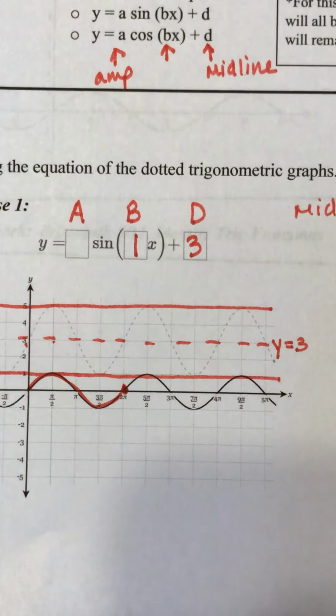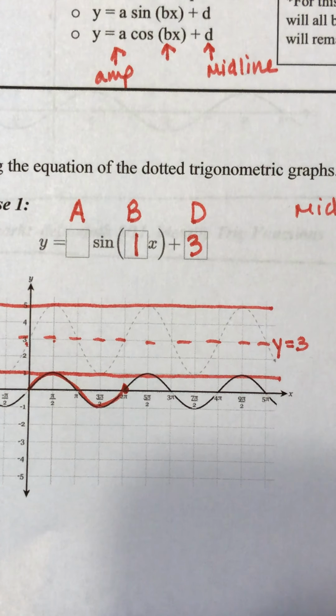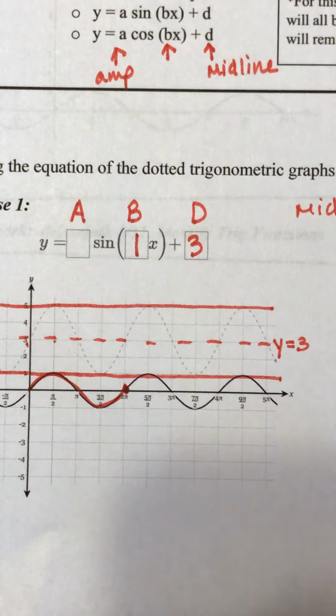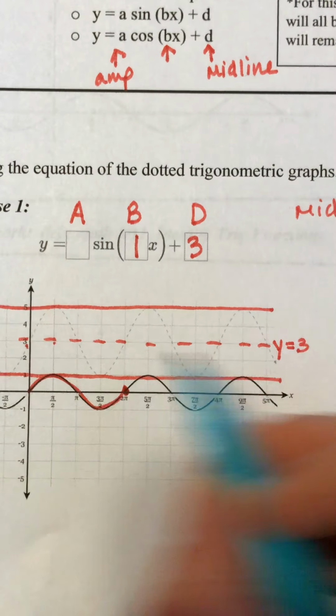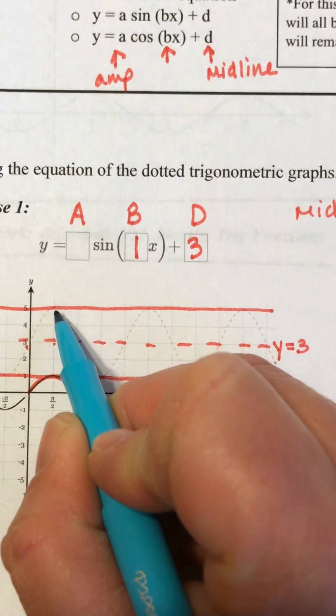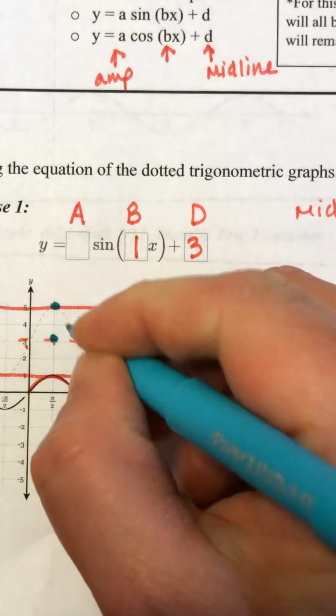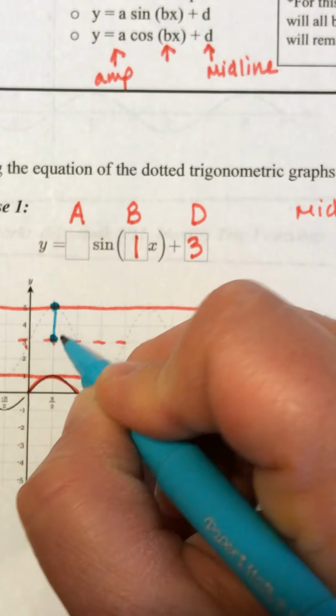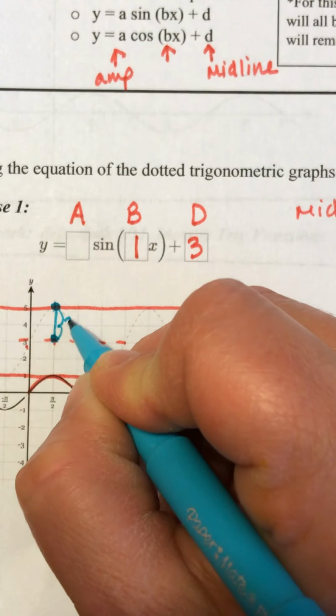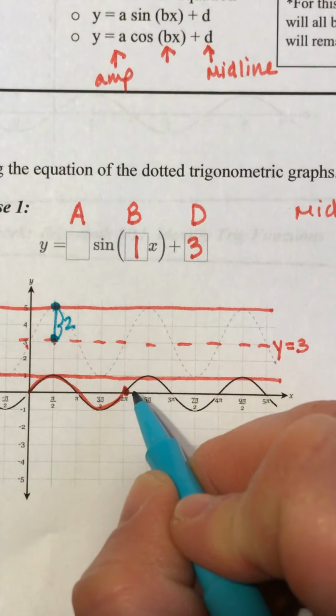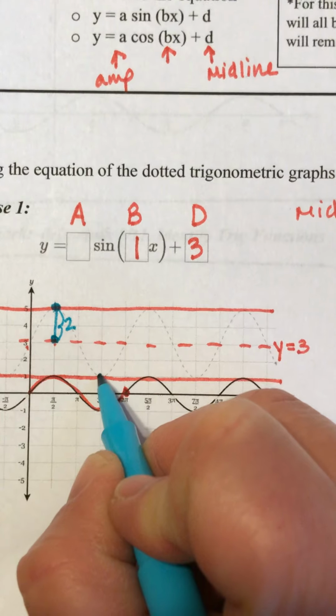Now remember, the amplitude is the distance from the midline to the top and the midline to the bottom. So let's find that. So I'm just going to pick a point on the midline that has a maximum above it. So here's a maximum value, and here's its corresponding point on the midline. What is the distance between these? It's 1, 2. Let's double check in another point on the graph. Here's a minimum.